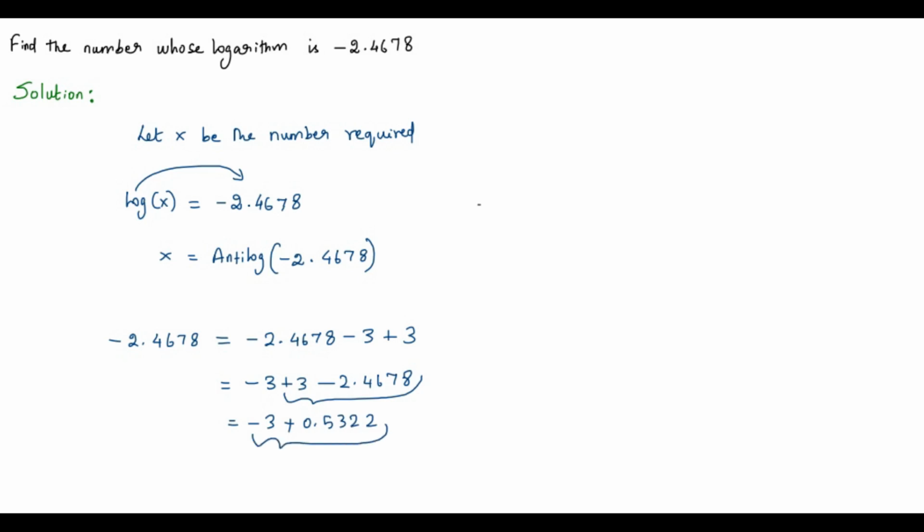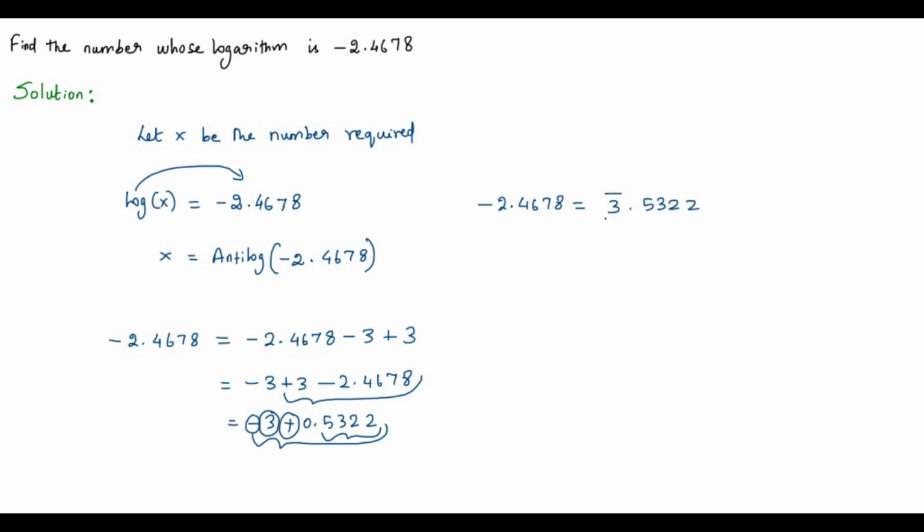So now we have to write these two numbers together. How is it possible? It's very simple. That is, negative 2.4678 is equal to bar 3.5322. Because I have written these two numbers together, the negative sign is applicable only for this 3, and for the fractional part 5322 we have a positive sign.